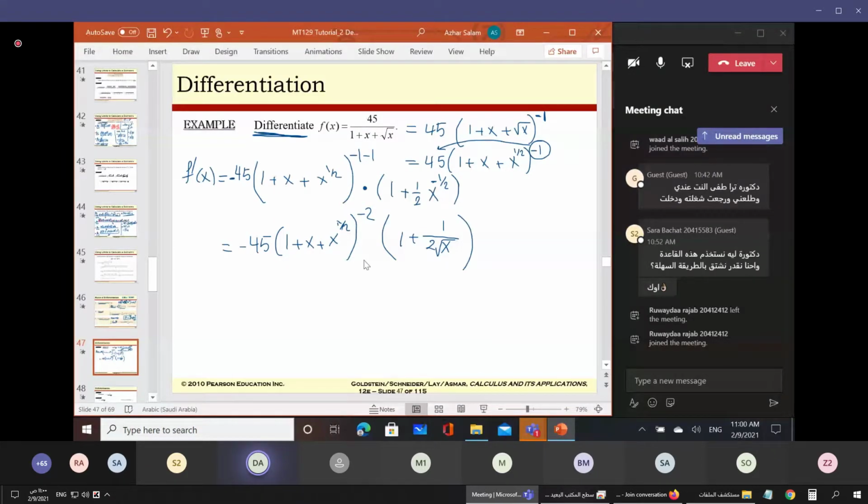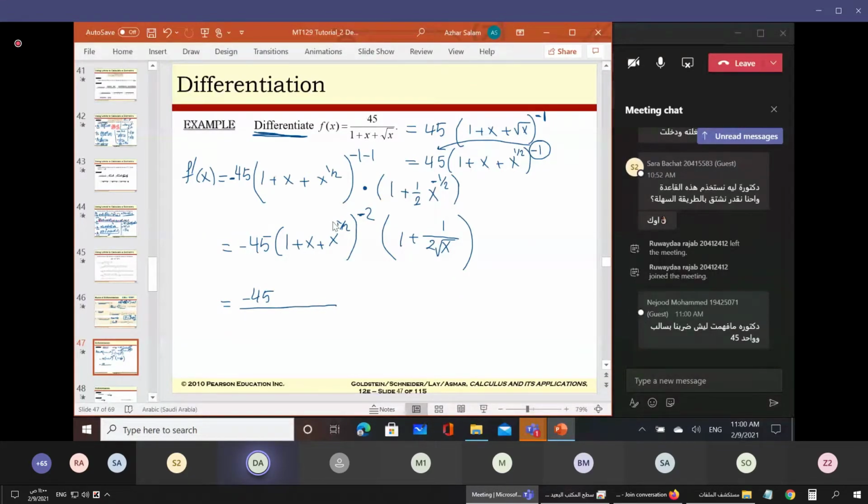For more simplification, I have here minus 45. I have a minus in the power, so it will be in the denominator. All the bracket will be in the denominator, which is 1 plus x to the power half. I get it back to square root of x.